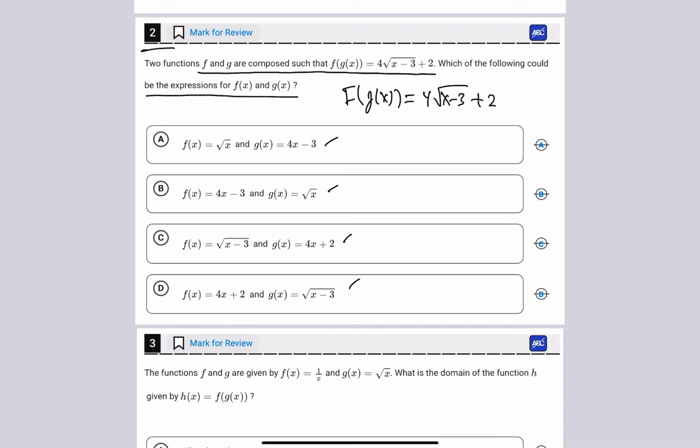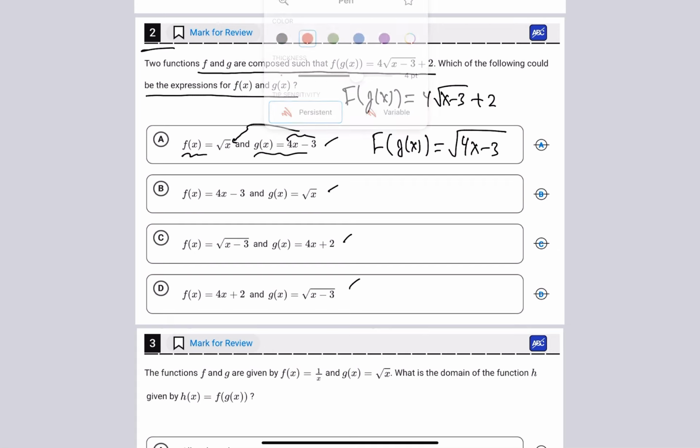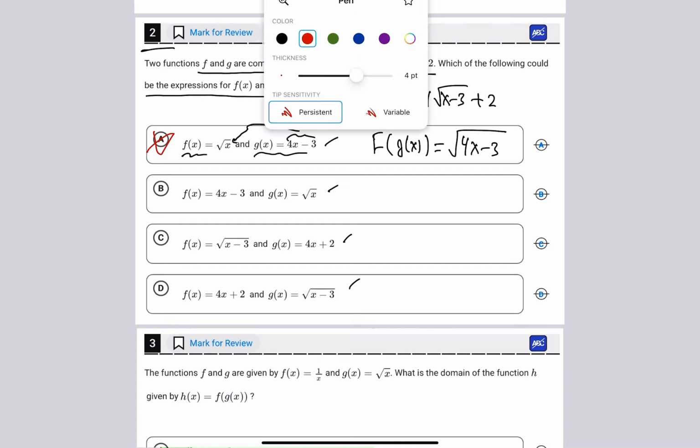Let's test option A. We have f of x, which equals square root of x, and g of x is 4x minus 3. So f of g of x is simply plugging this into x. We're going to get square root of 4x minus 3, which is not the case. So option A is not true.